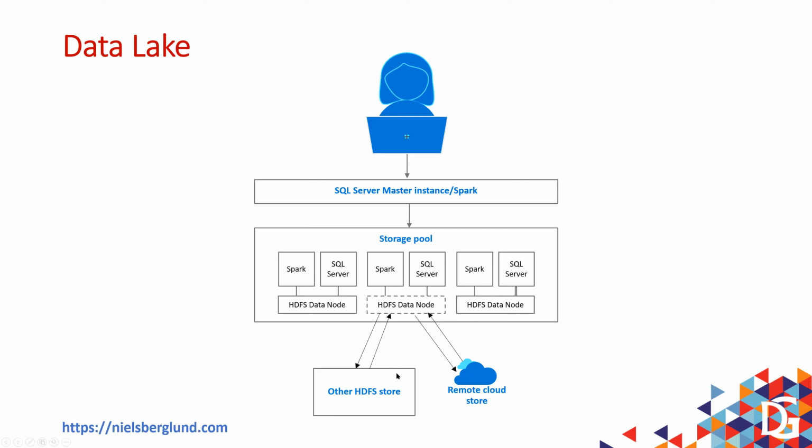So the data is no longer sitting in the storage pool, but it sits in that remote HDFS Hadoop file system store. And that's how, if you are using, for example, Azure Data Lake Gen 2, you would now access data from your big data cluster against the data lake. You would mount the data lake into your storage pool.